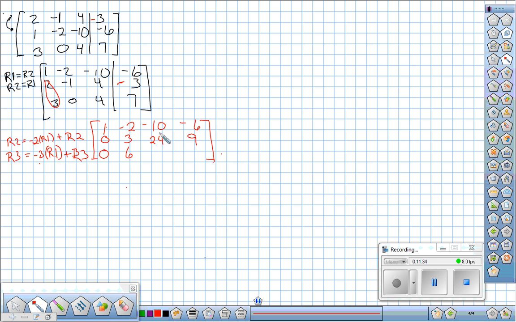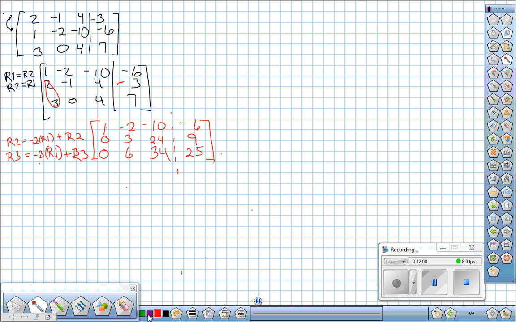And then I have negative 10 times negative 3. That's positive 30 plus 4. 34. And then I have negative 6 times negative 3. That's 18 plus 7. So 18 plus 7 is 25.